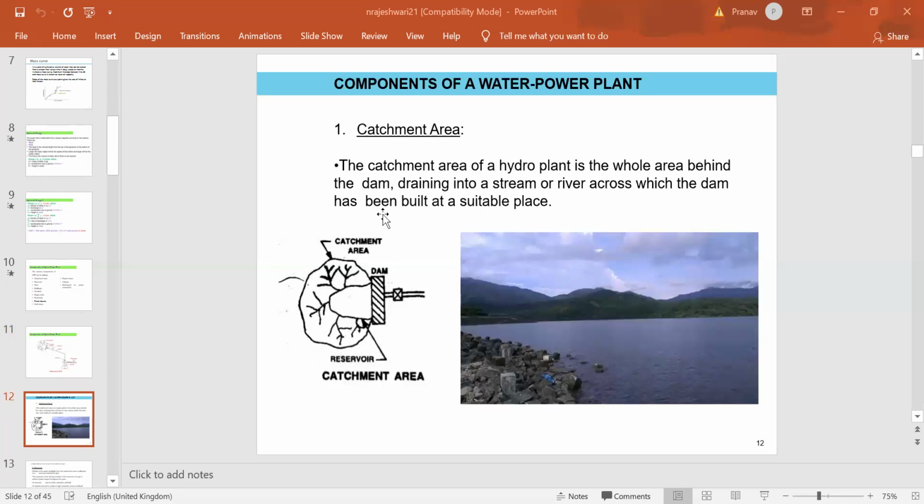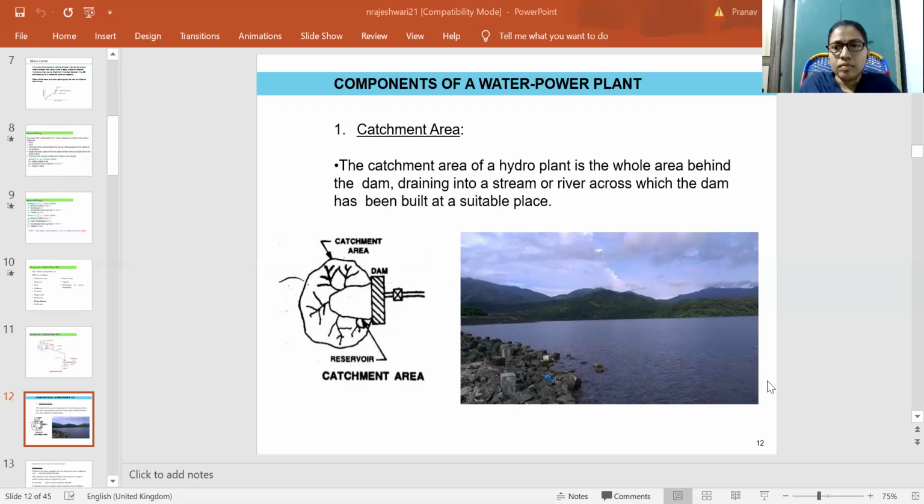The components of a water plant or hydroelectric plant: the first thing is the catchment area. The catchment area of a hydropower plant is the whole area behind the dam and draining into the stream or river across which the dam has been built at a suitable place.